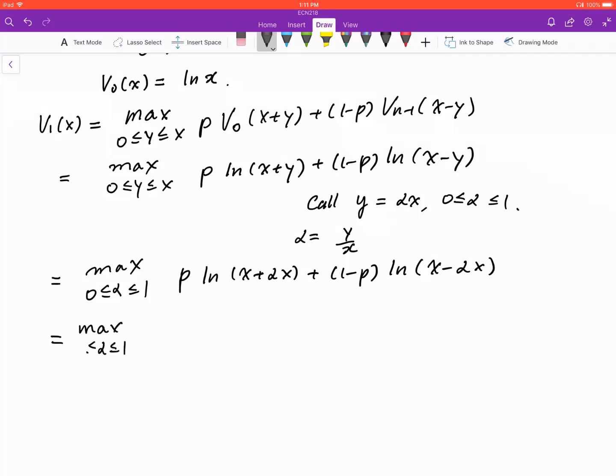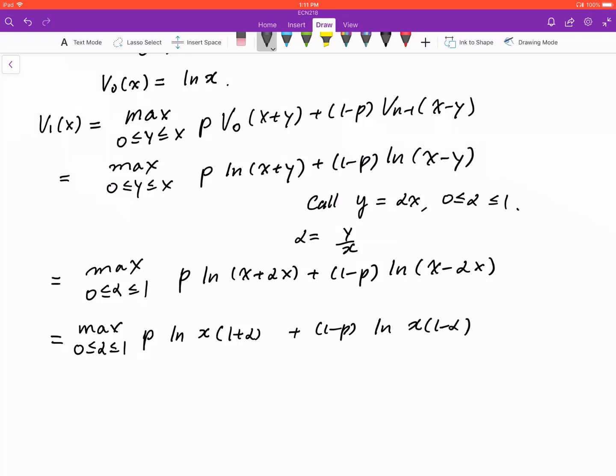We have p log of the product x(1 plus alpha), plus 1 minus p log of x(1 minus alpha).